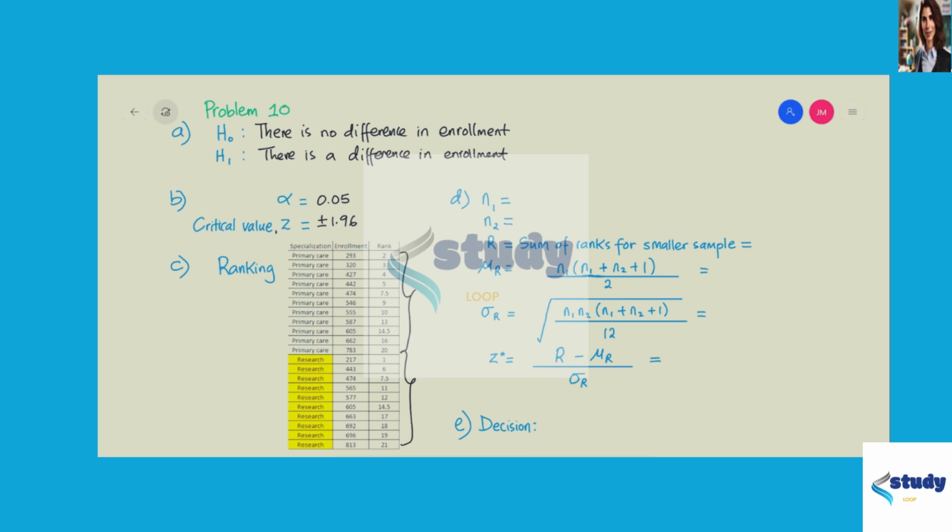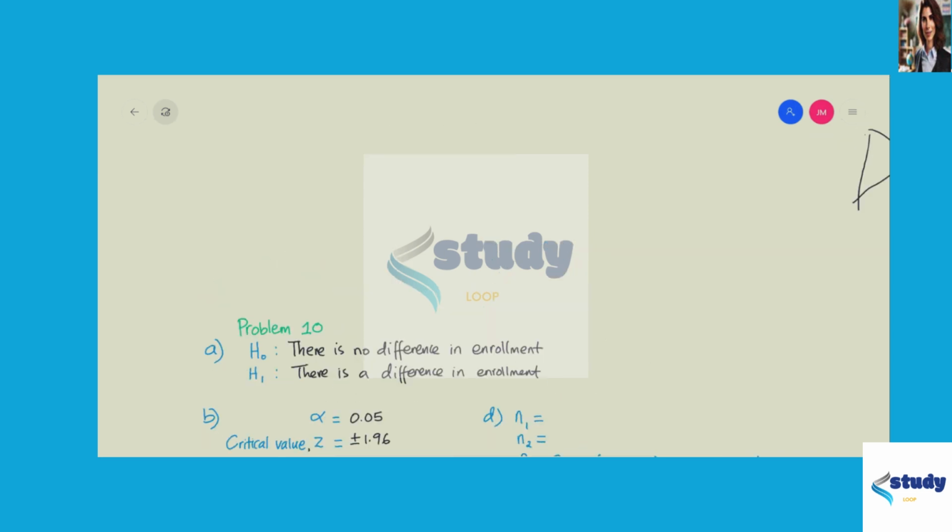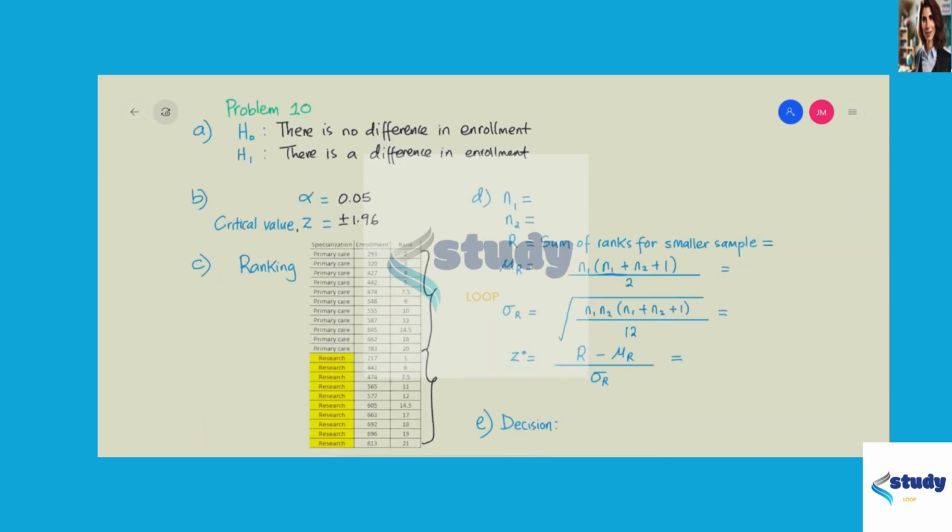The value n1 is the sample size for the smaller of the two samples, and in this case, n1 is 10, which is the number of samples that specialize in research. And n2 is 11 because we have 11 samples that specialize in primary care.